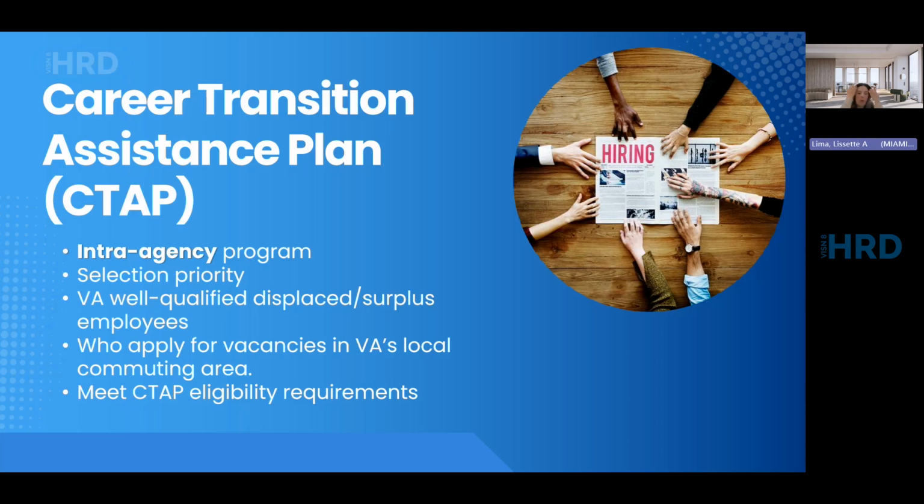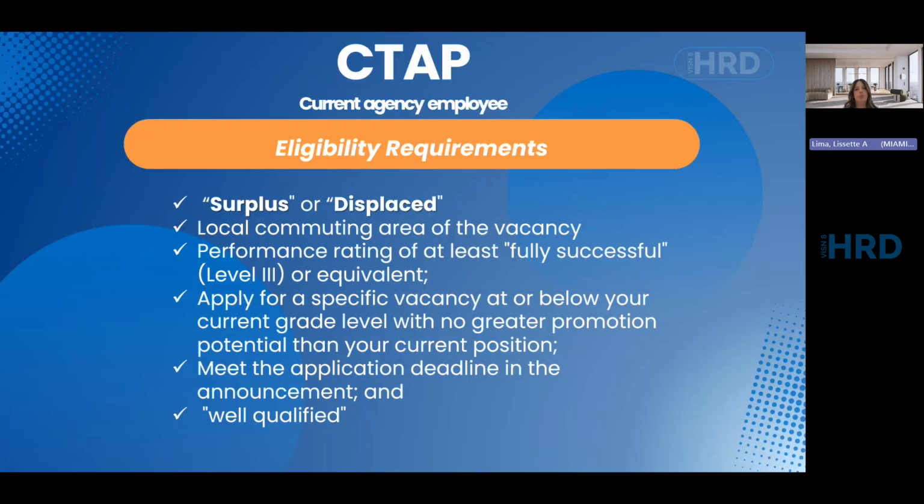And in addition, when we come to that notification, employees that are deemed displaced or surplus could potentially receive their notification up to 6 months prior to the effective date of that RIF. So upon that, they would already have a notice to pursue whatever it is in terms of transition services or job opportunities. So again, what is required in terms of the eligibility?